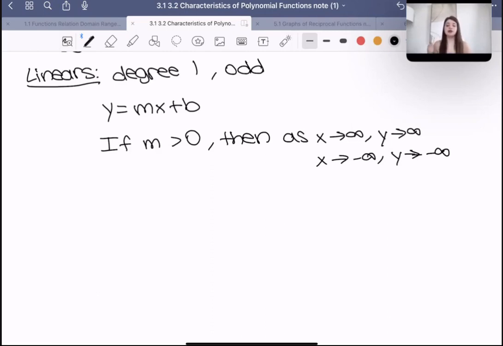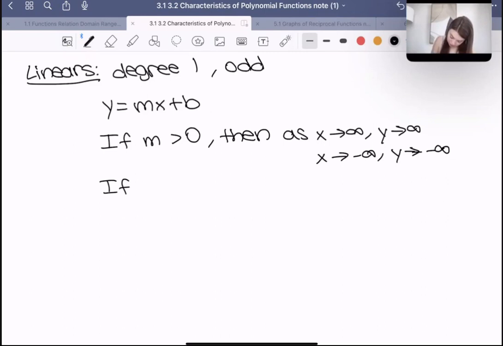And here's the thing, this is true of all odd degree polynomials. Actually, I'm going to write the rest of it for this one too: if m is less than 0, then as x approaches infinity, y approaches negative infinity, so it's the opposite.